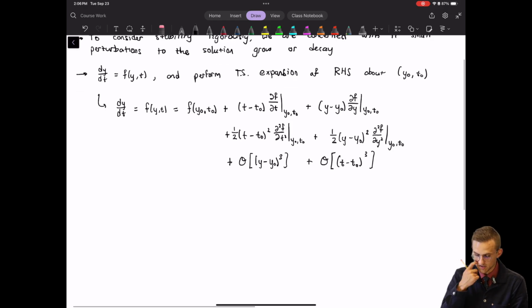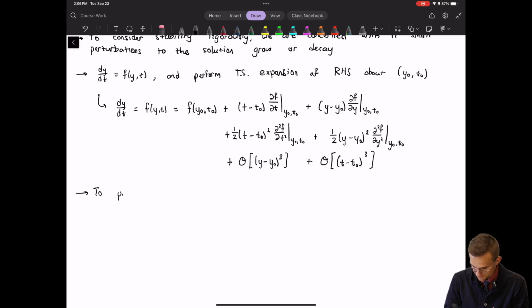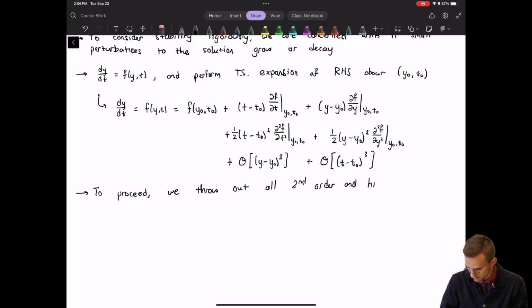This is called linearization. So to proceed, we throw out all second order and higher terms, yielding a linearization of our original ODE.